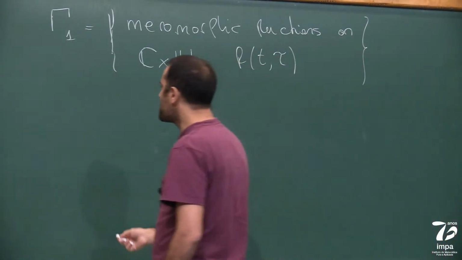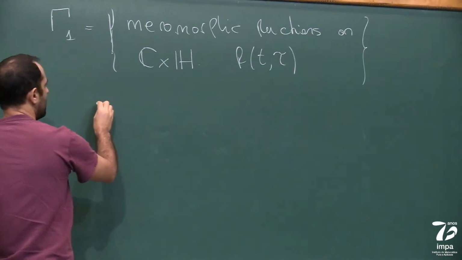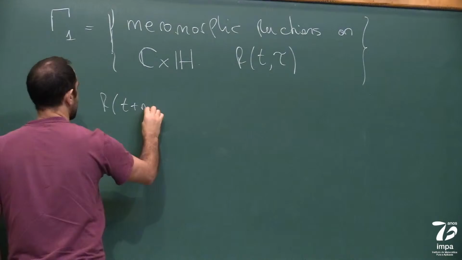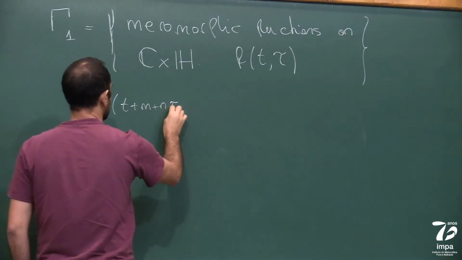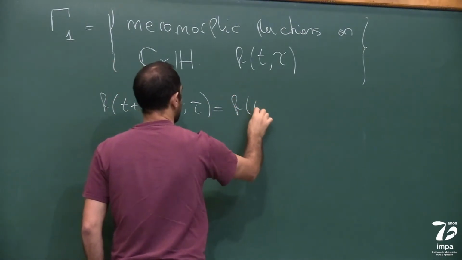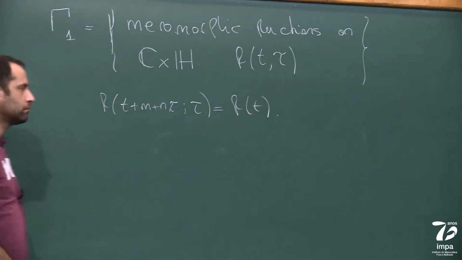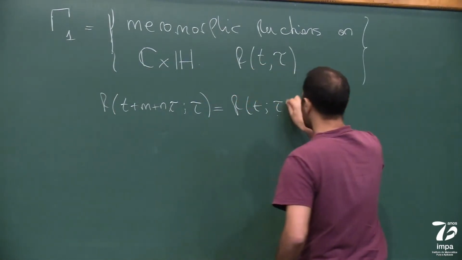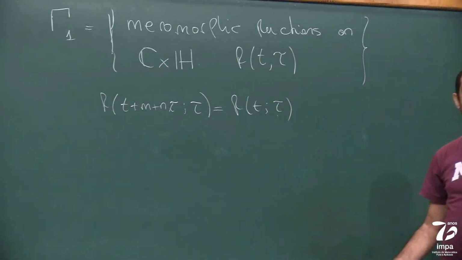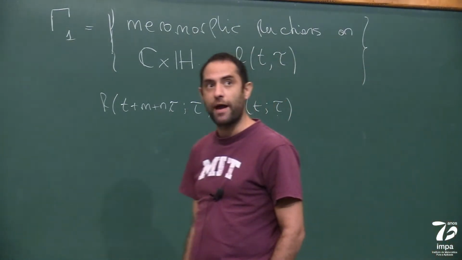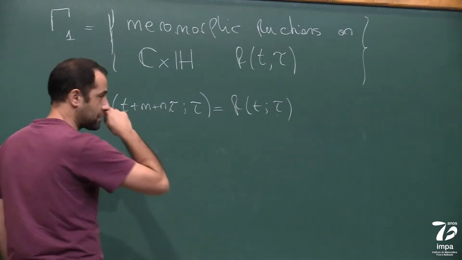They have some properties. So I'll require that f of t plus m plus n tau is equal to f of t. Oh, tau. So that they give me functions. Once I fix tau, these functions are functions on the corresponding elliptic curve x for that given tau.